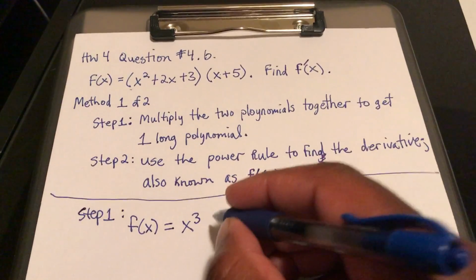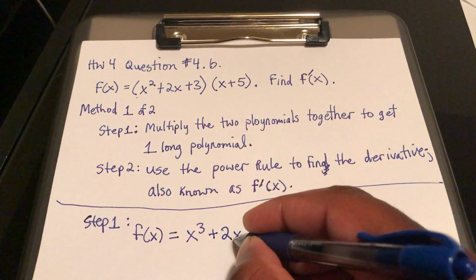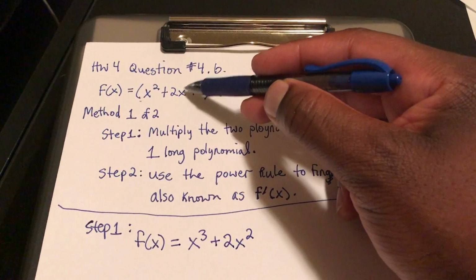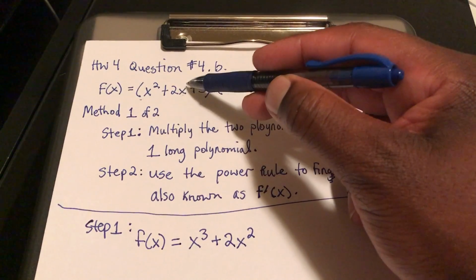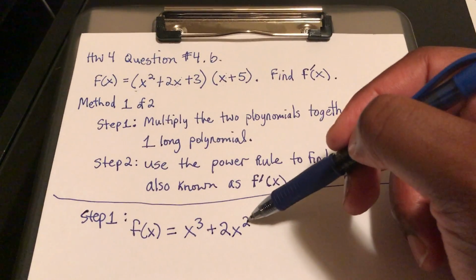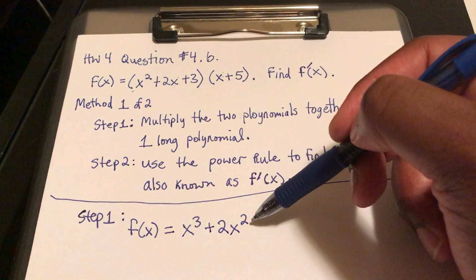So it's going to be positive 2x squared. Why is it x squared? Because this is x to the first and this is x to the first, and they have the same base. So the x to the 1 here plus the x to the 1 here gives you x to the 2. When they have the same base and you're multiplying them, you add the exponents.